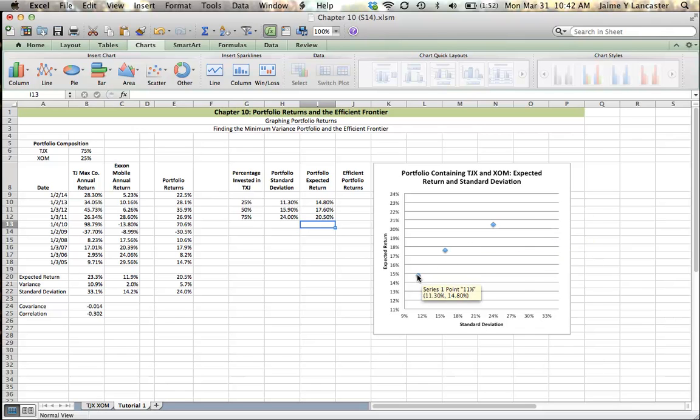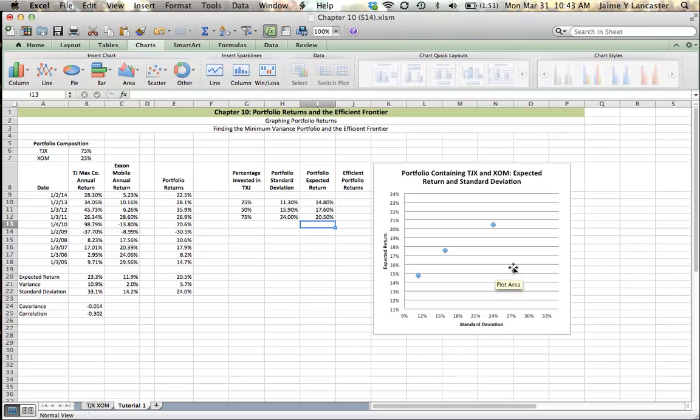And we see with each of these portfolios, as we change the composition, meaning the percentage invested in each stock, we change the risk-reward profile. And for each of these portfolios, we see that we can receive increased return only if we're willing to take on increased risk. So the greater our return, the greater the risk with every portfolio, at least of these three.